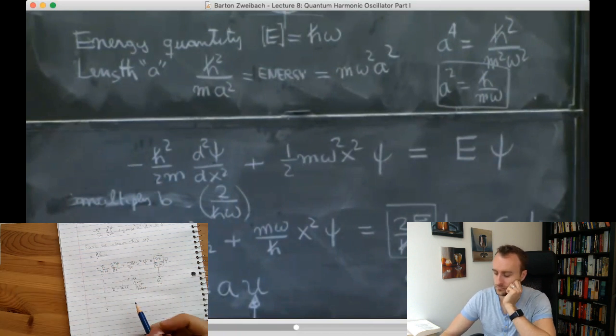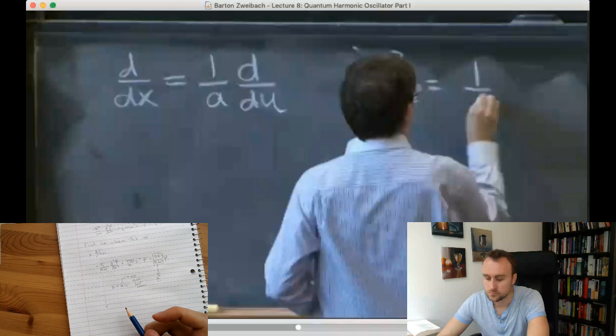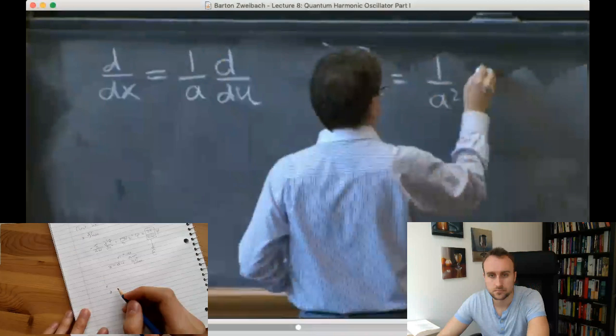So how does it look now? Well, this is 1 over a squared, the second derivative with respect to u, and this thing is a squared. So actually, this factor cancels.